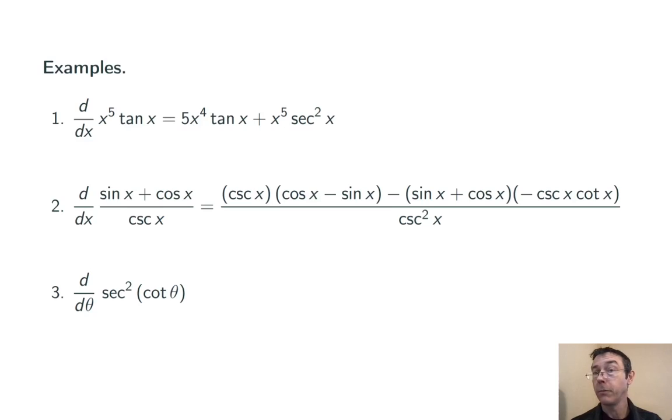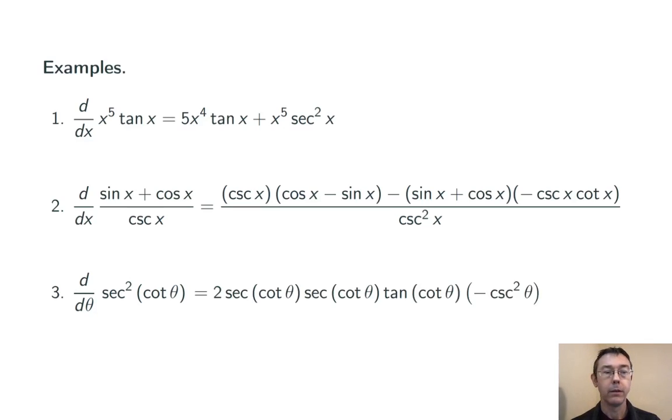We differentiate from the outside in. First we differentiate the square, then the secant, then the cotangent. So 2 secant cotangent of theta, that's differentiated in the second power, times, now we're differentiating the secant, secant of cotangent theta times tangent of cotangent theta.